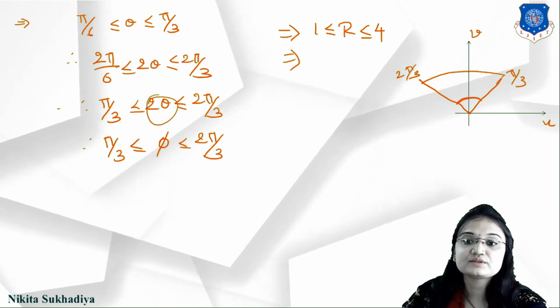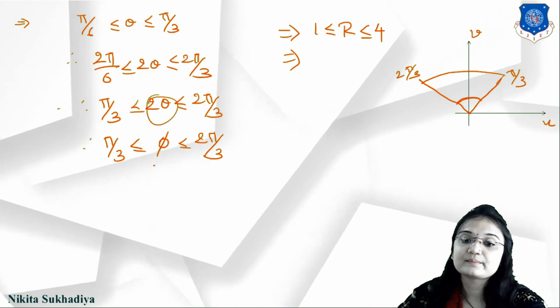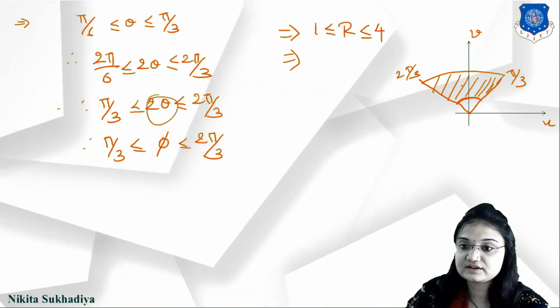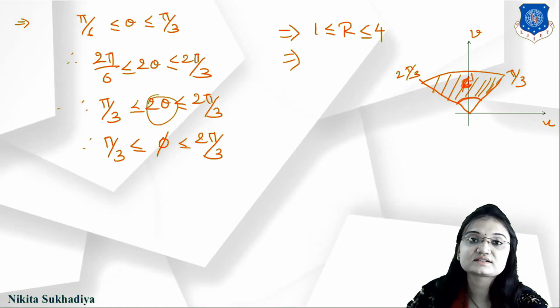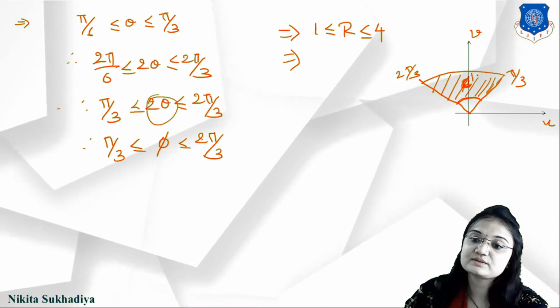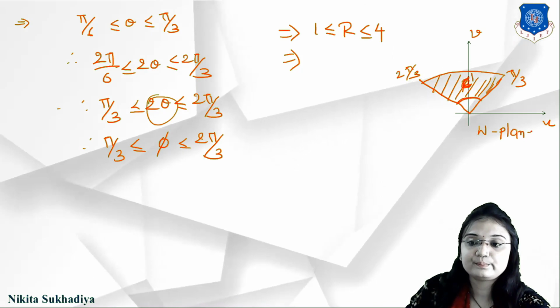Our radius is between 1 and 4 and the angle is between pi by 3 and 2 pi by 3. So this is the region, which we can call R dash or C dash, the representation of the region in the W plane.